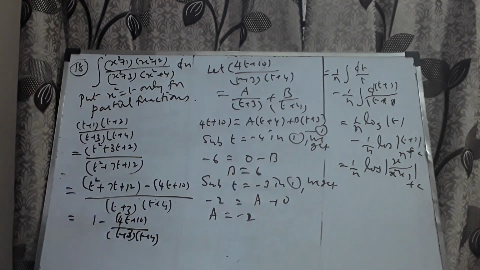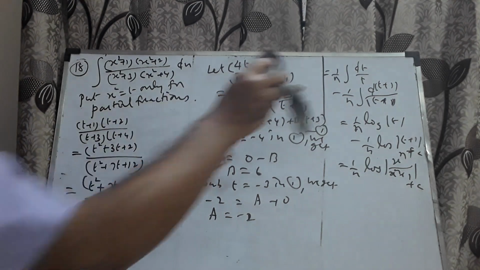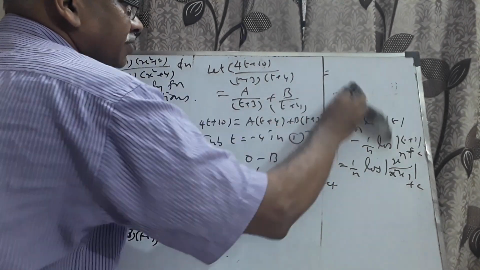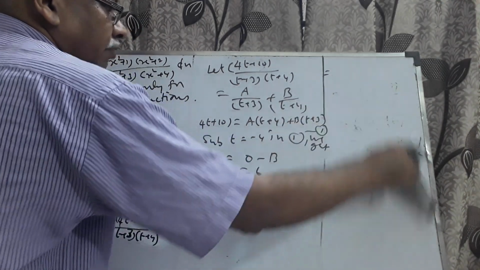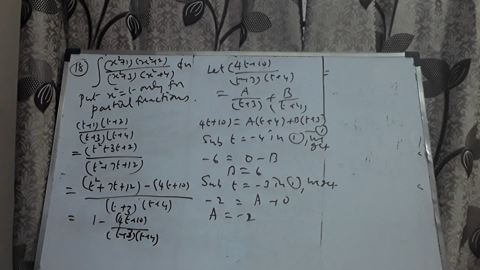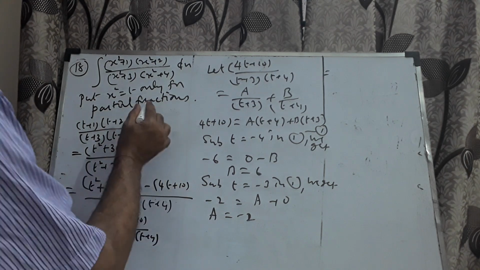I already told you, after the application of partial fractions, we are supposed to apply integration using x alone. That's the meaning of substituting x square equal to t only for partial fractions.